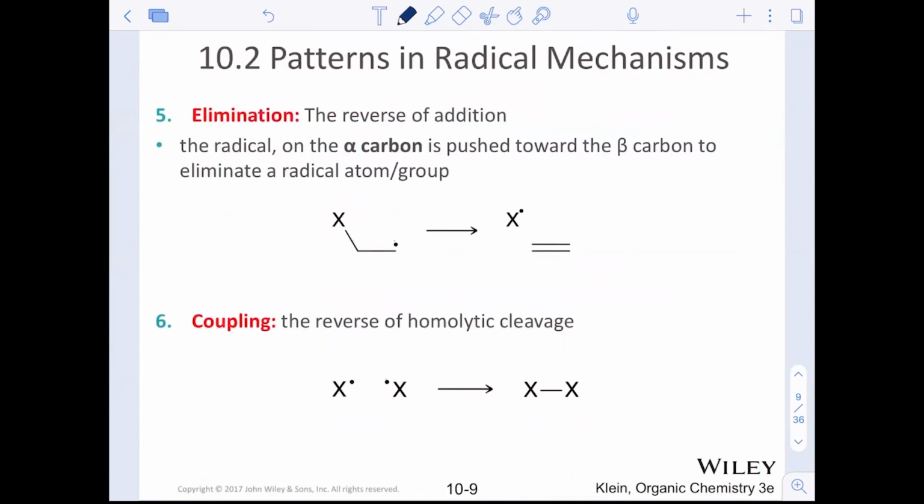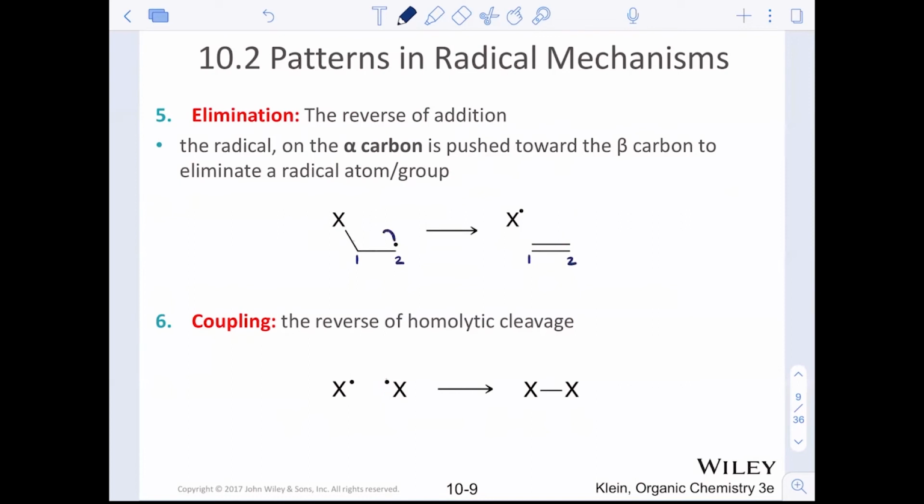Just a few more. Elimination, which is the reverse of addition, which was our second pattern in the previous slide. Elimination is still creating a pi bond. Just like in addition, we react a pi bond, elimination is still making a pi bond. However, we're doing it homolytically now. So when we look at this elimination, what's really important to note, again, I like to count my carbons.